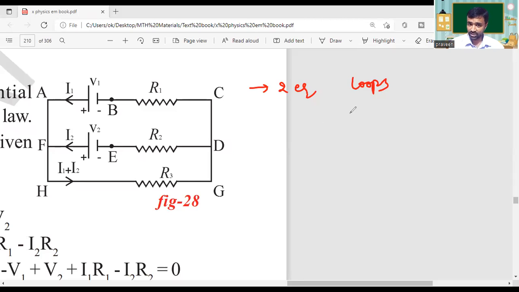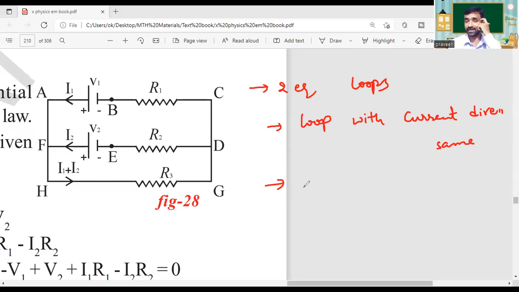In that selection I will give you one logic: select the loop with the current direction the same, whether clockwise or anti-clockwise, but don't select the loop with opposite currents.